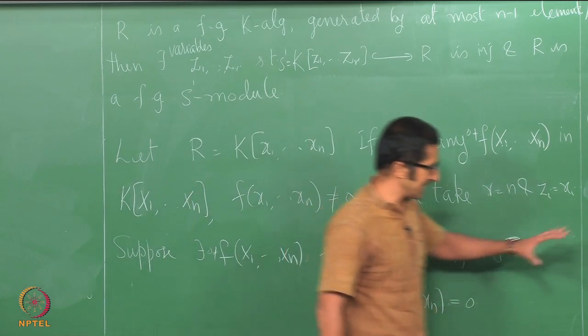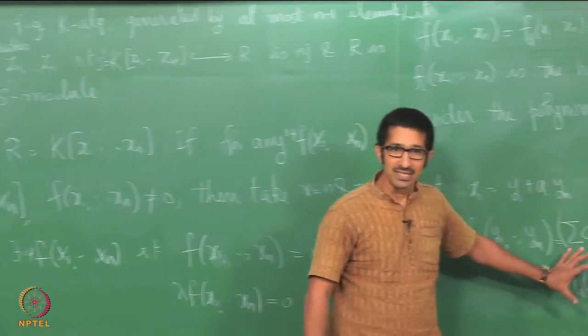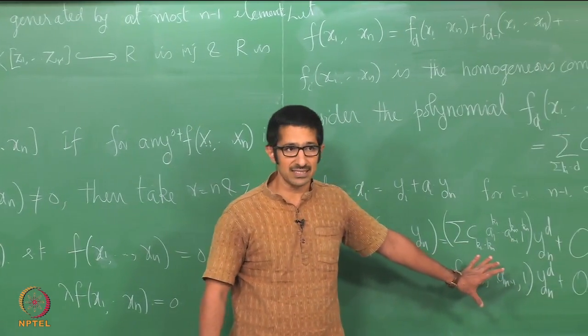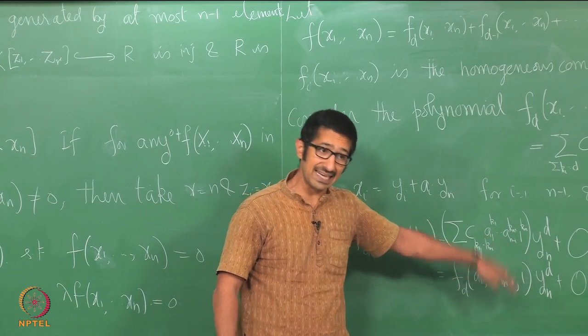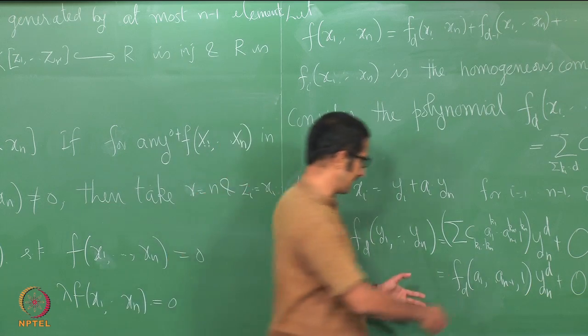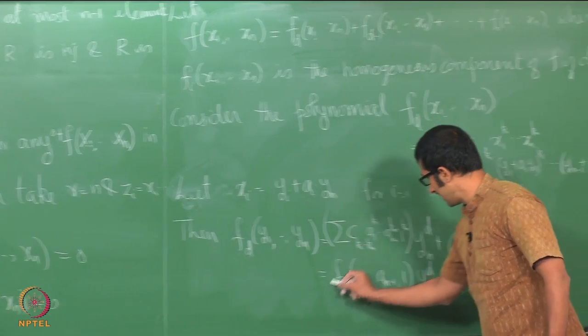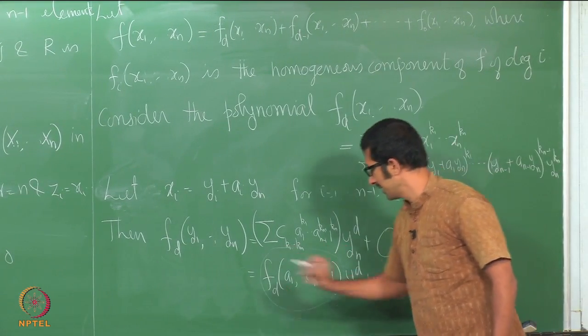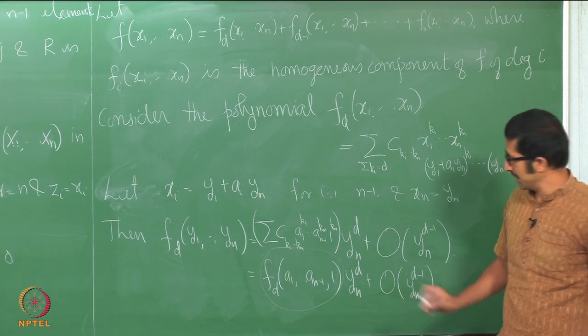So, if I can get a polynomial whose leading coefficient is an element from k, I can always scale it. So, here I have an element from k.